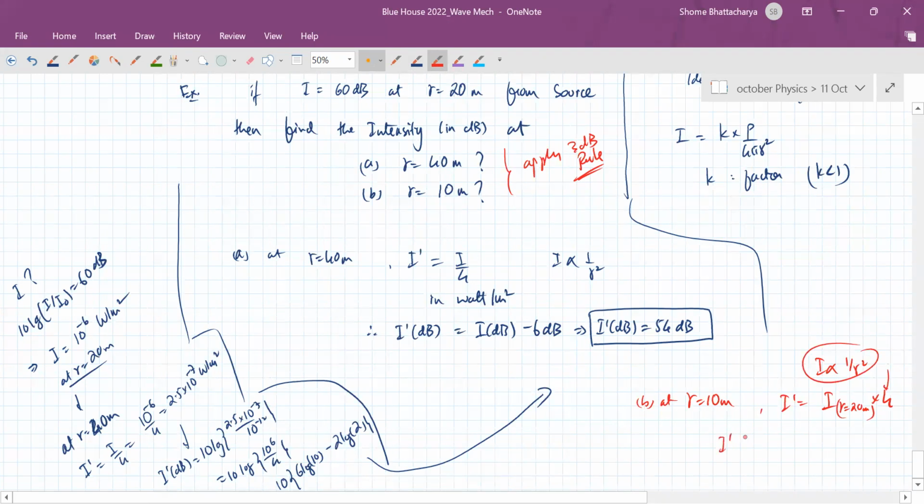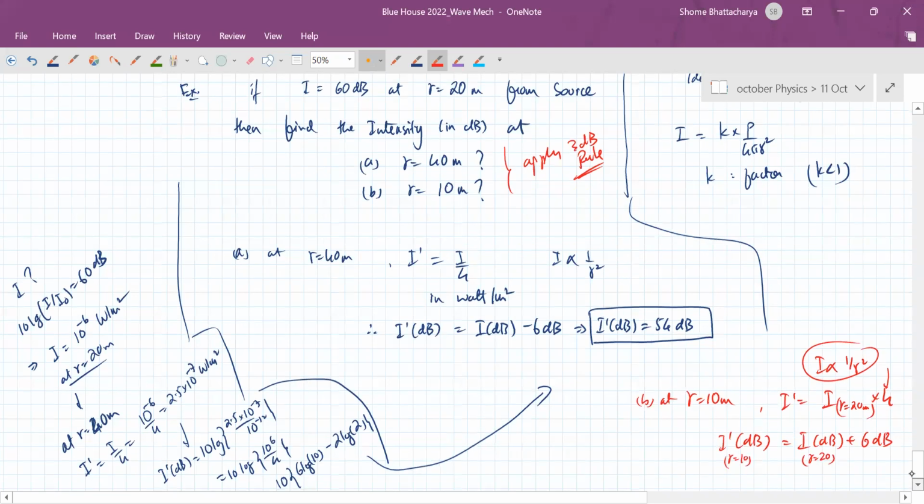So therefore, the intensity in decibels will become whatever it was in decibels plus 6 dB. So here it becomes 66 decibels. So especially for doing these type of questions, it's very useful to remember the 3 dB rule.